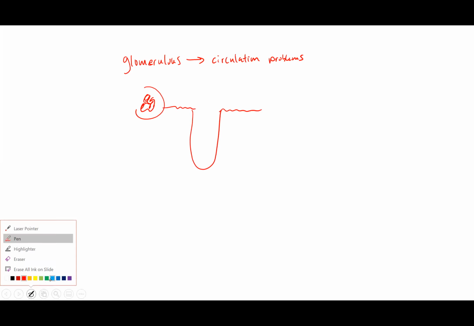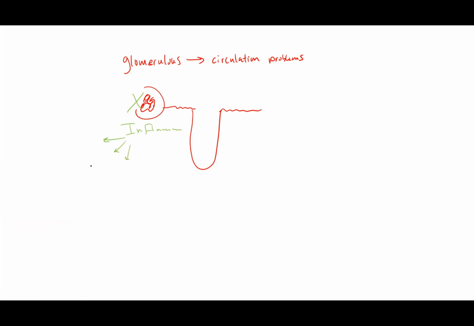And what happens is, because of the blockage, you're going to get inflammation. And then that inflammation sends out a signal to bring in your Pac-Mans, such as macrophages. And these different Pac-Mans start to actually attack the glomerulus.